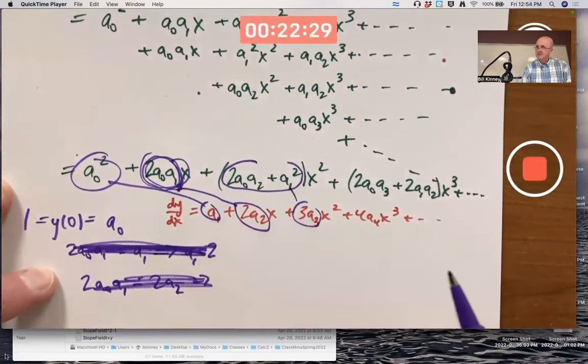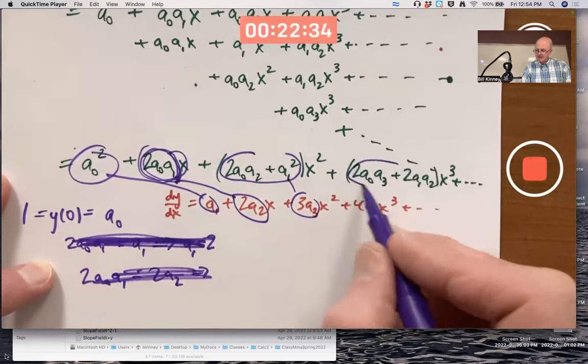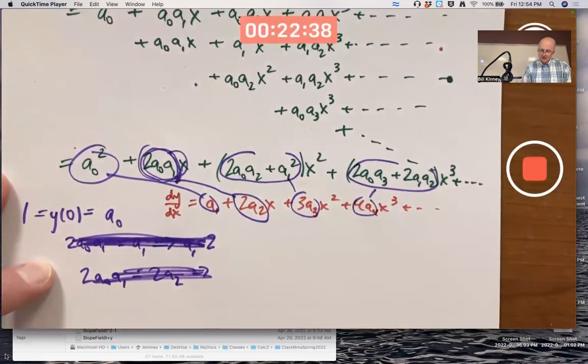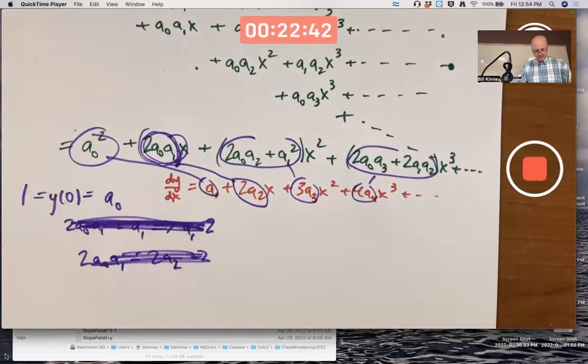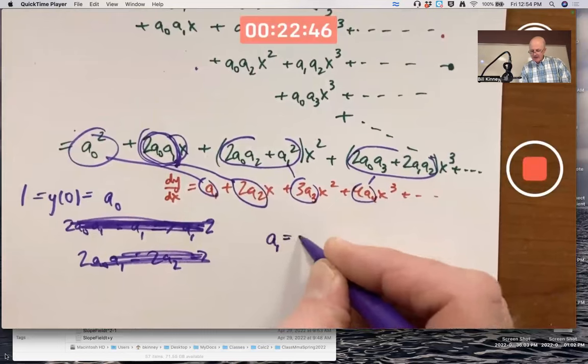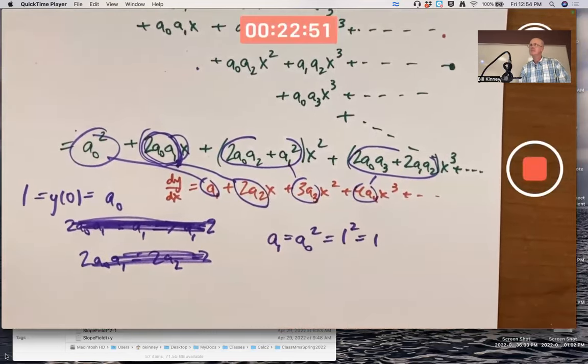Those have to match. And the x cubed terms are this and this. Those are the coefficients. They have to match. So the equality between these two implies that a1 equals a0 squared, but a0 is 1, so this is 1 squared, which is 1.